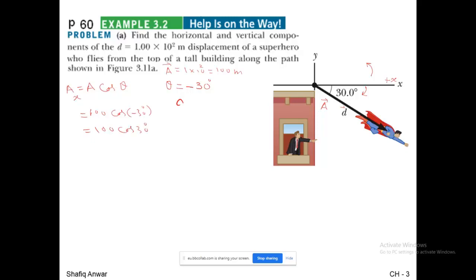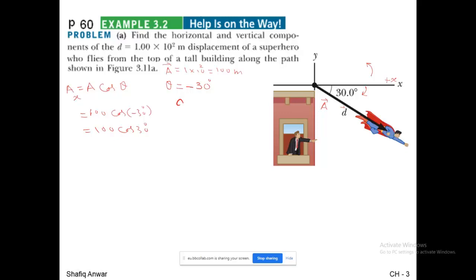I told you, gentlemen, that from positive x-axis, when you go anti-clockwise, as a rule we take positive angle. This angle is from positive clockwise, so clockwise we take negative angle. That's the reason. Clear? Right.